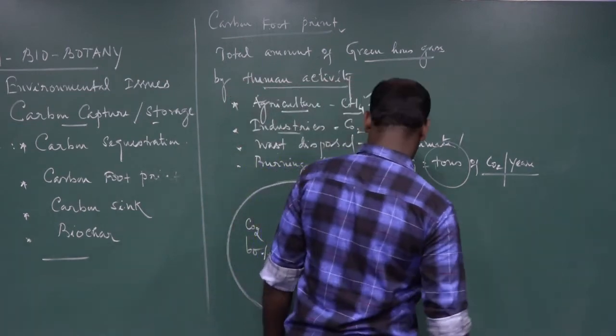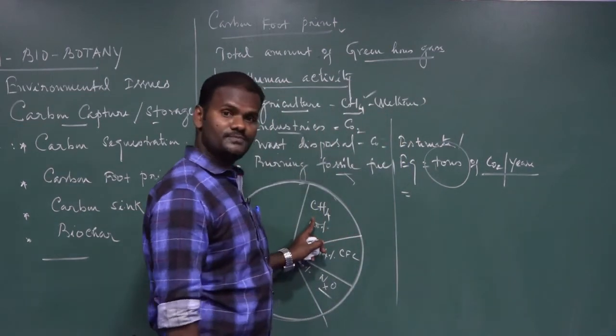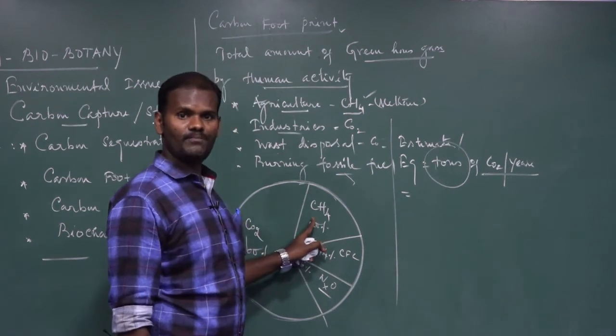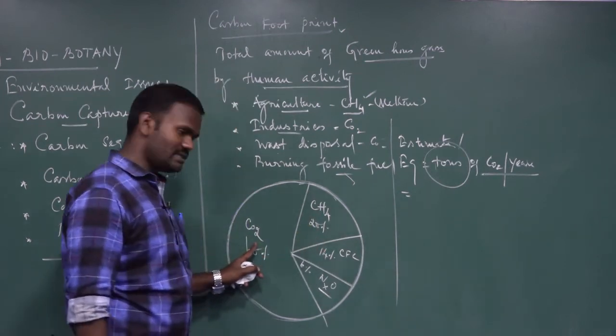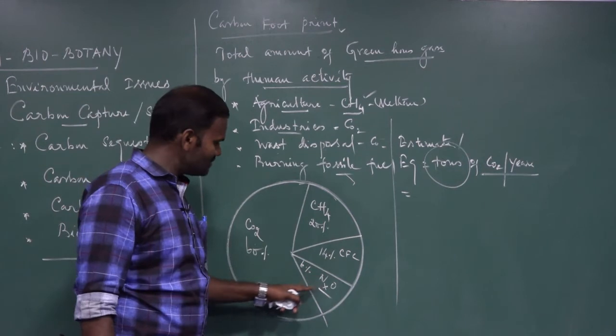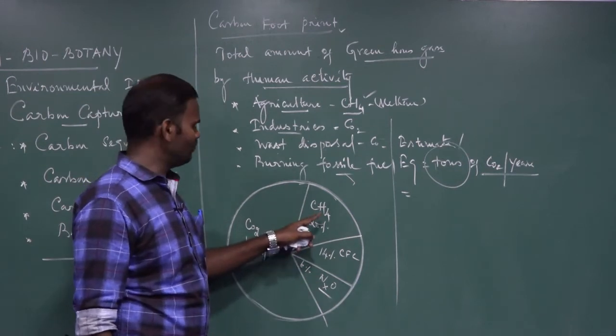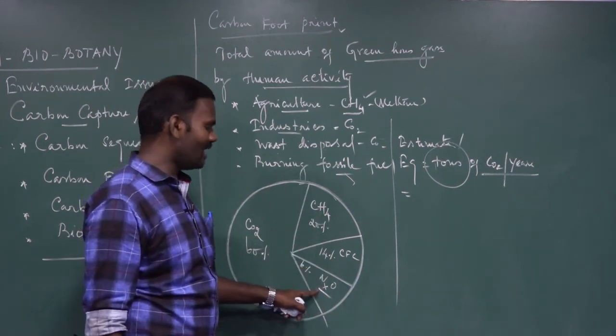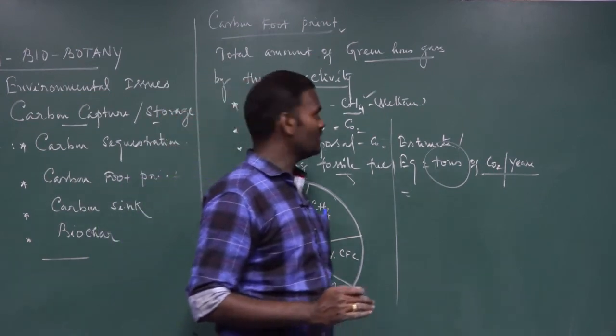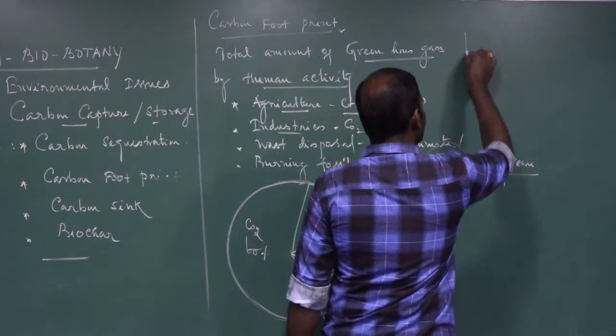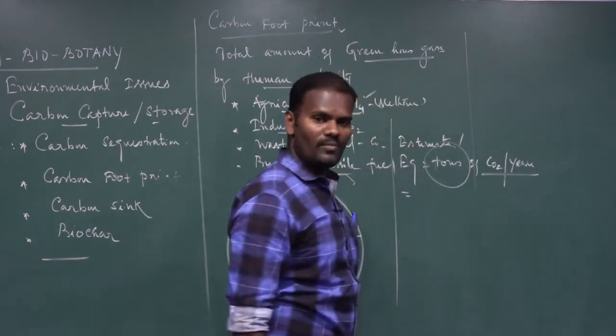So the burning of fossil fuels like coal and petroleum releases carbon dioxide and certain other gases also. What are the other gases? Methane, chlorofluorocarbon and nitrous oxides. As a result, global warming increases.